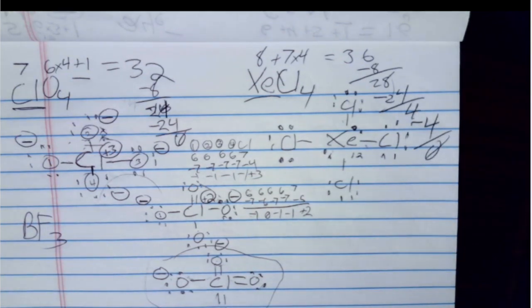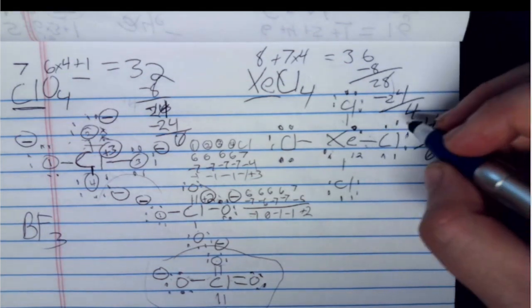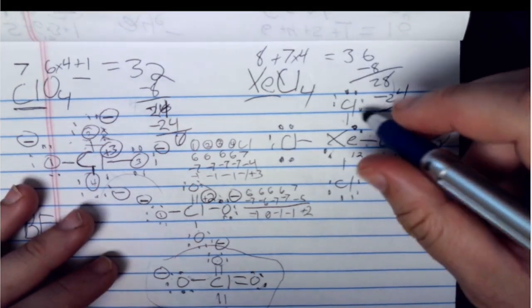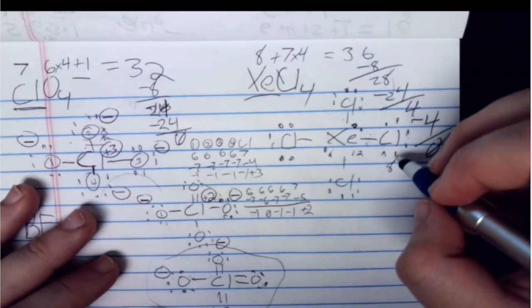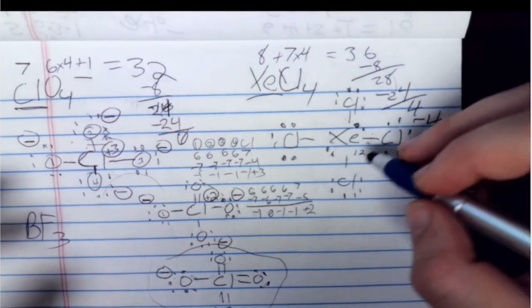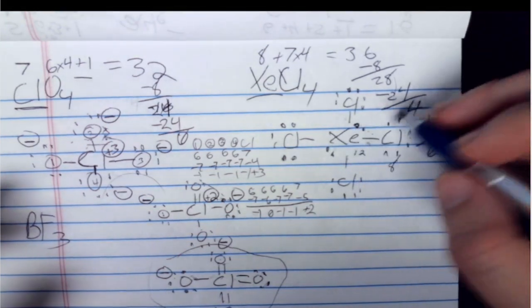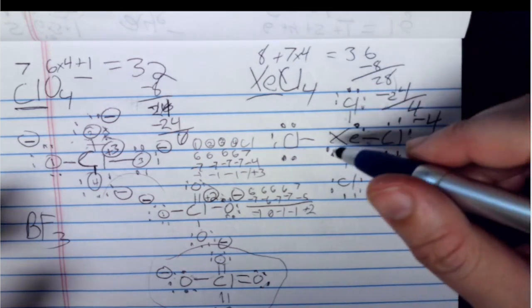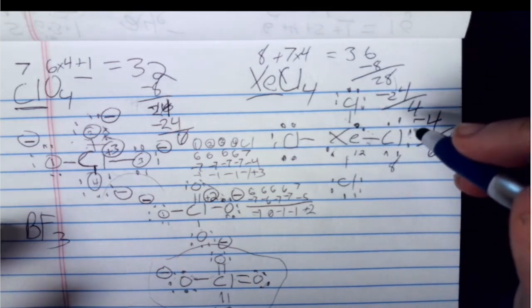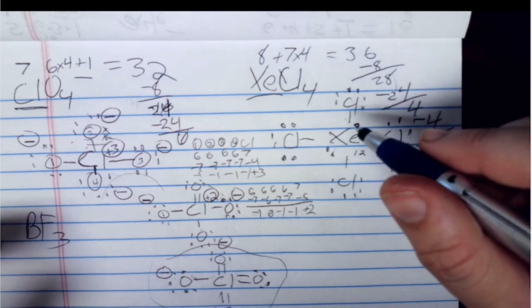But all the chlorines have 8. 2, 4, 6, 8. They all have a formal charge of 0. Everything has a formal charge of 0. So this is stable despite its expanded octet. So sometimes that is the best you can do.